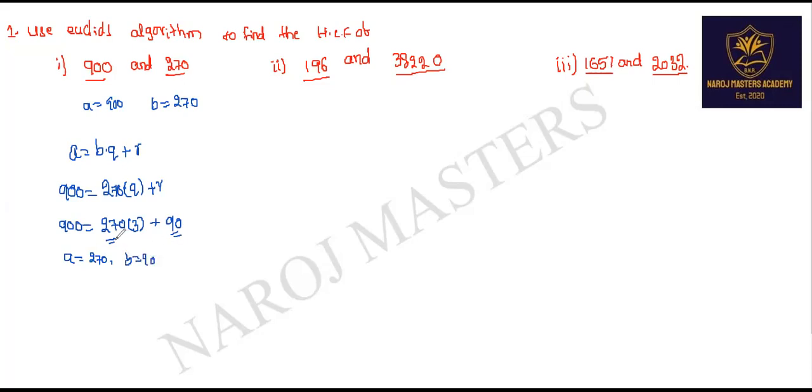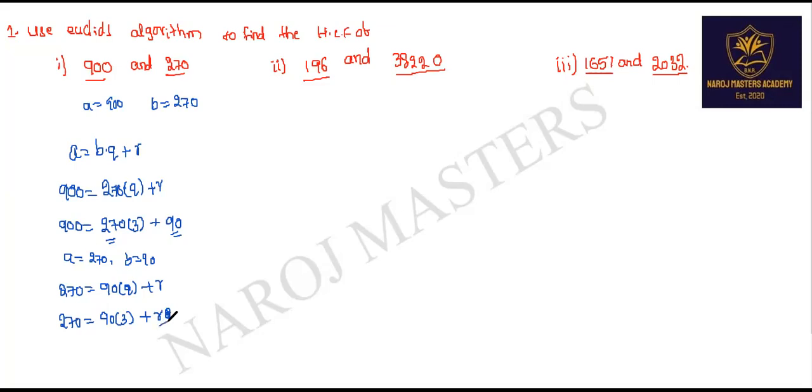So these two values. Now substitute again the A and B values. So 270 is equal to 90 into Q plus R. So how many times of 90 is equal to 270 now? 270 is equal to 90 into 3. Now the remainder is 0 here.